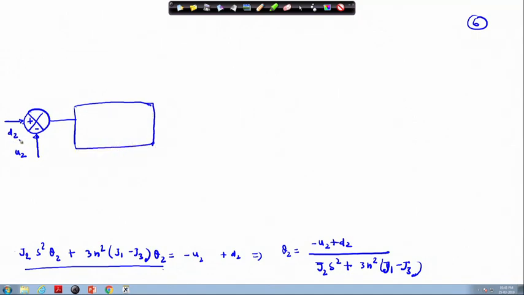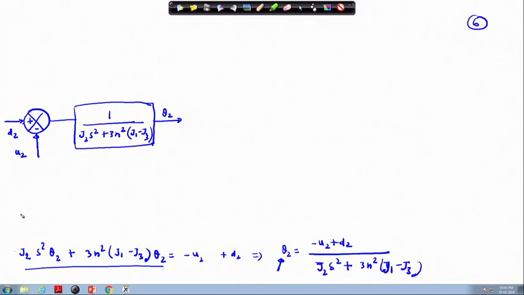So, from here you get d 2 minus u 2, and this goes in this place, j 2 s square plus 3 n square times j 1 minus j 3. And after this you get this output, written in the s domain. So, this is theta 2.